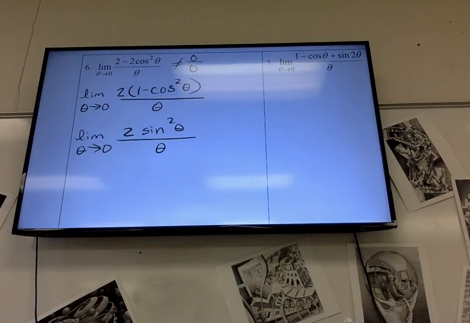Okay. Now we have a rule that not sine squared of theta over theta, but what is it? Sine of theta over theta. So I can separate that out. That limit goes with both of those.